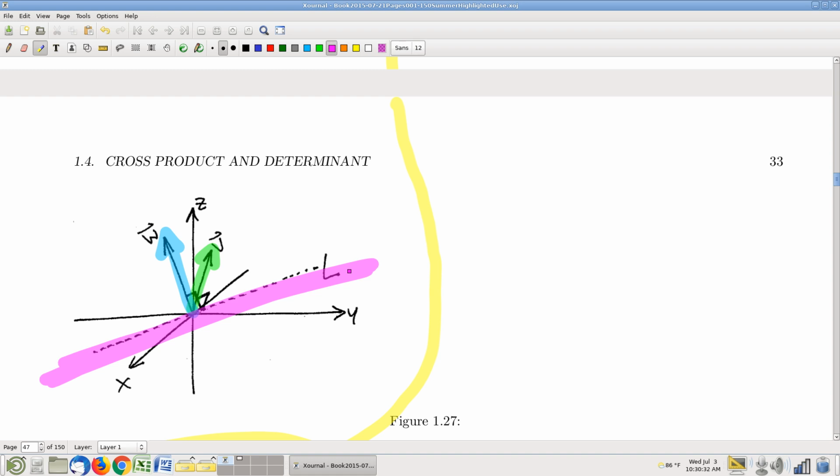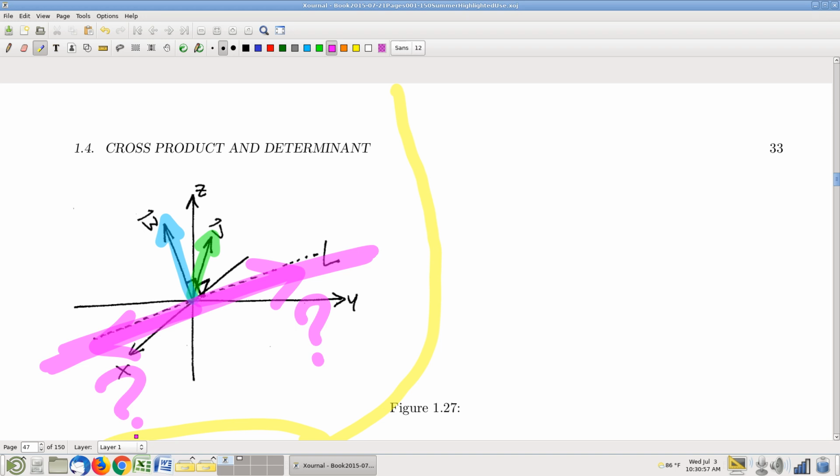So the question that remains is, does the cross product point that way, or does it point that way? There are two possibilities that are both perpendicular to both of the input vectors. Which is it?